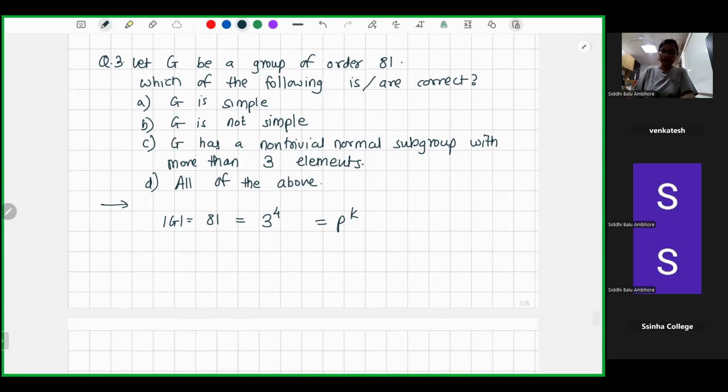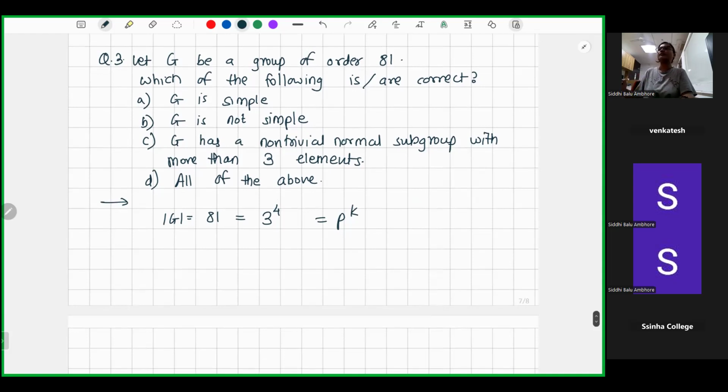So first, G will not be simple. The reason being, the moment I have a group of order p power k, we know that it has non-trivial center.